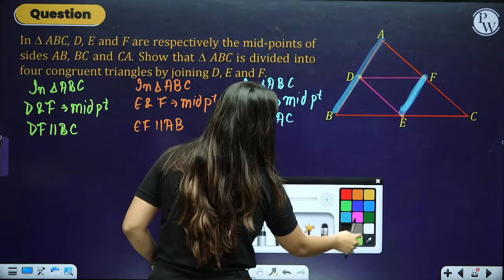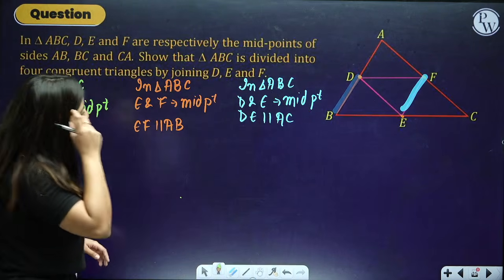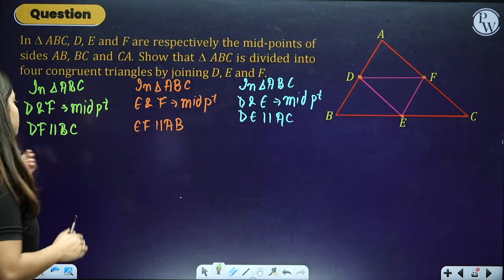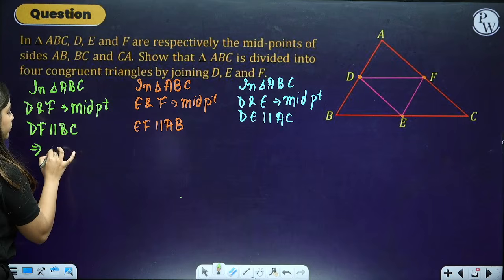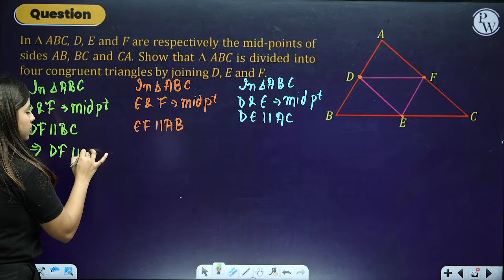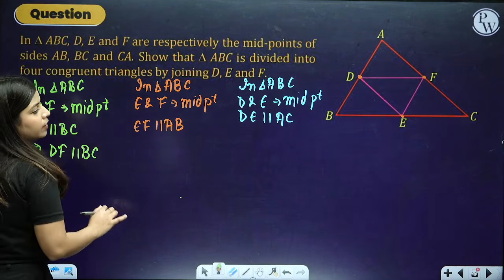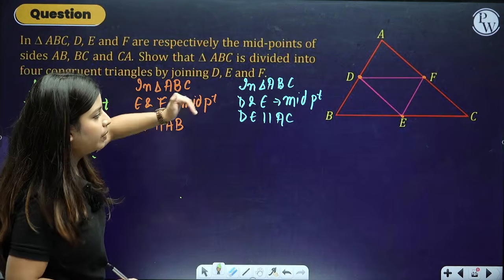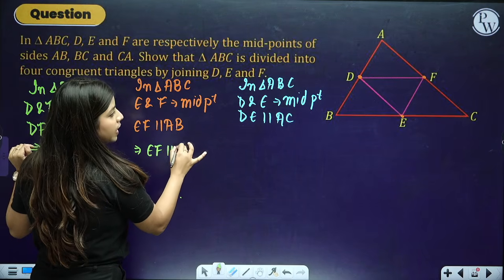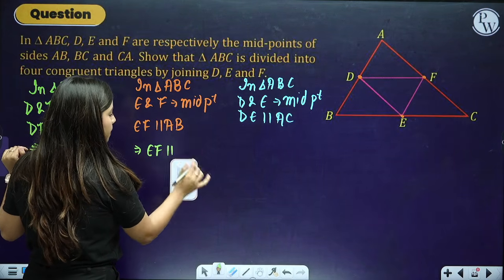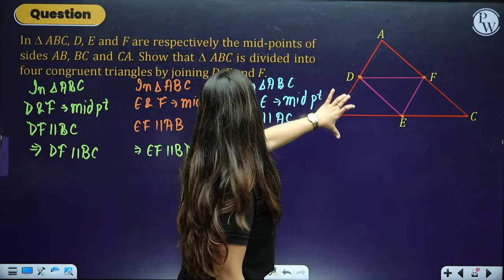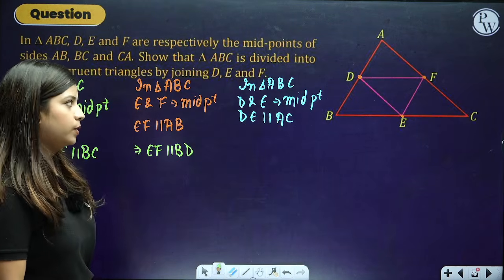So we can write that if DF is parallel to BC, DF will be parallel to BE as well, and if EF is parallel to AB, EF will be parallel to BD as well.